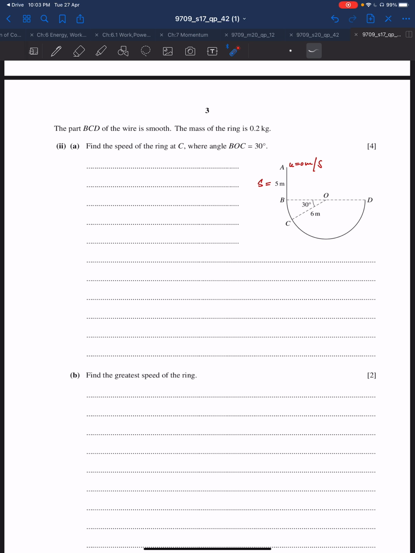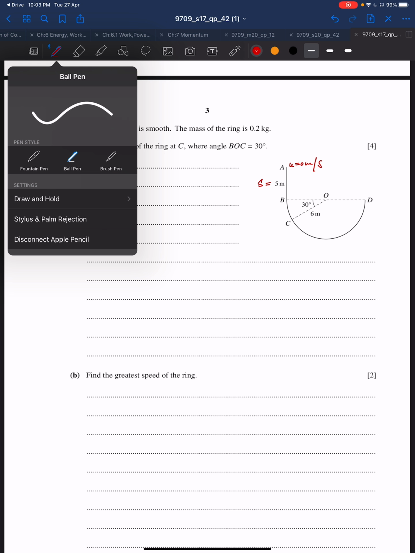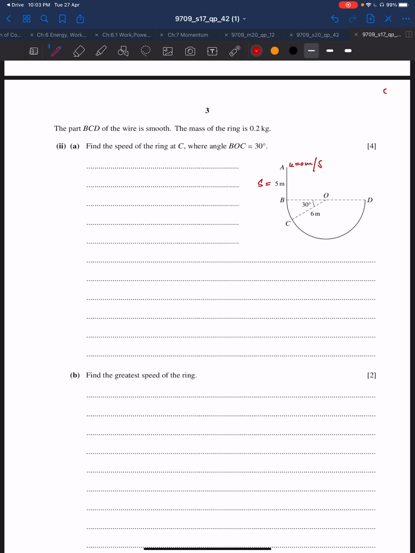So we will be finding out its height first. We'll draw the perpendicular distance, so we'll find out the height.